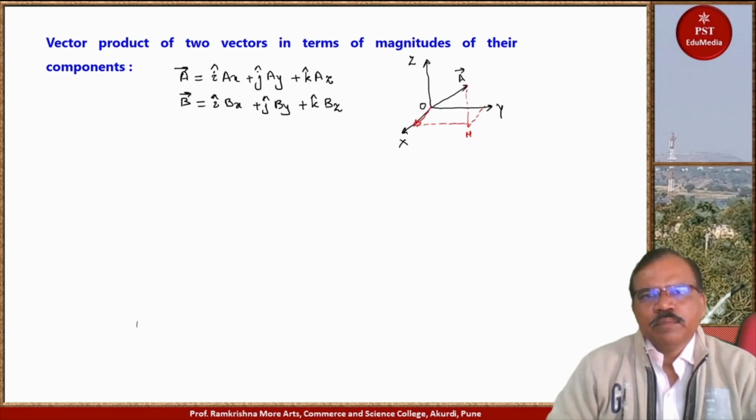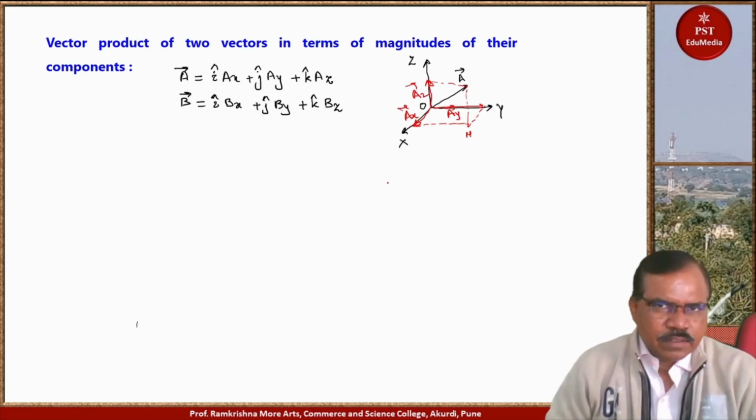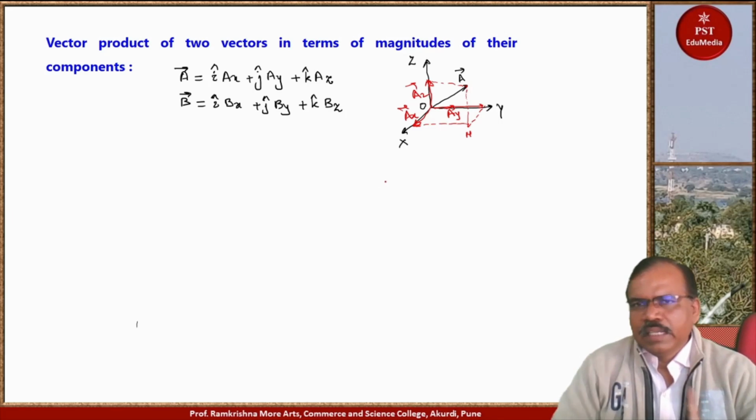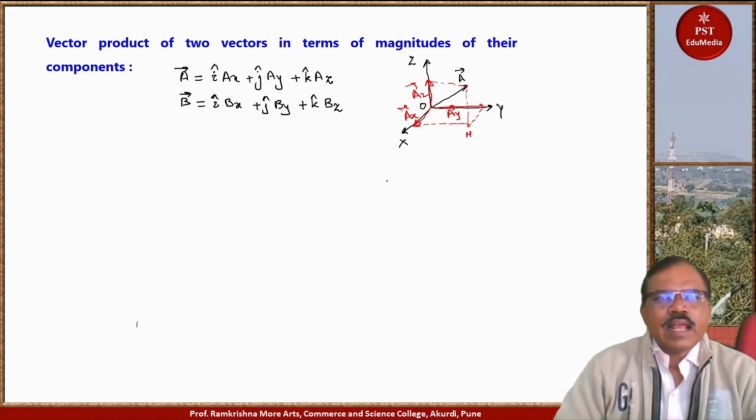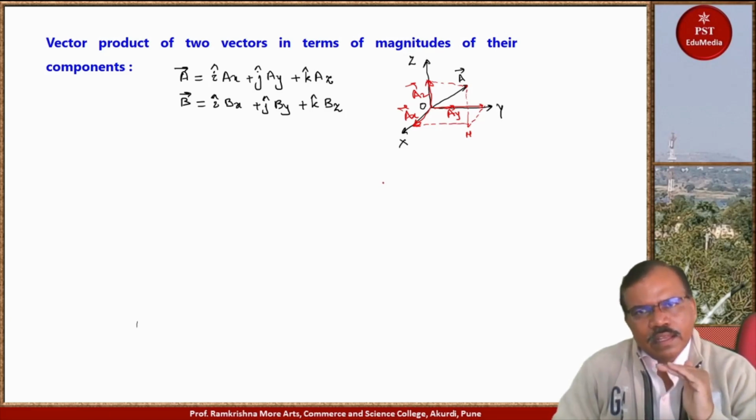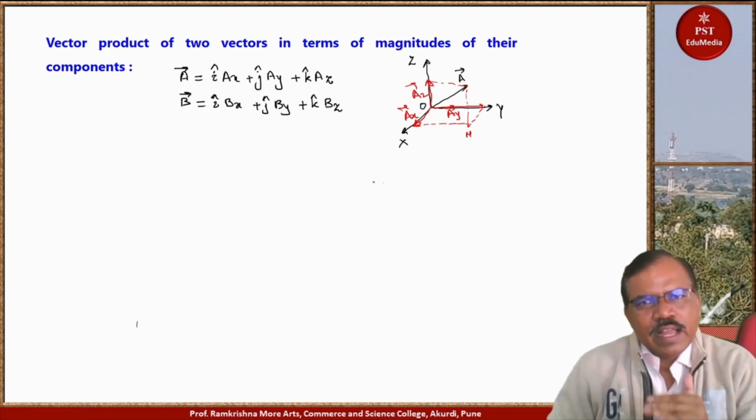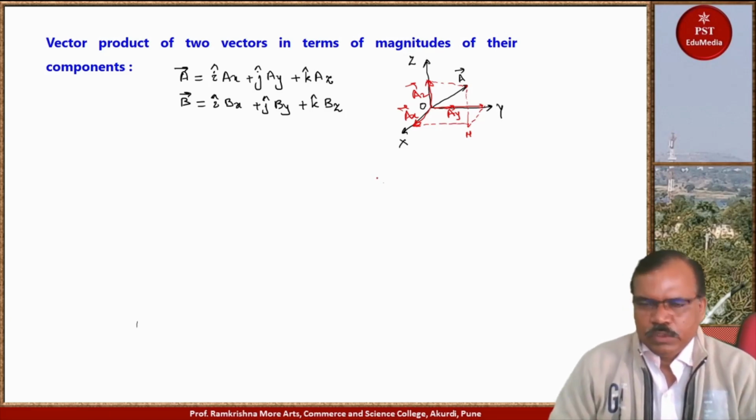So this one represents AX, this one represents AY, and a perpendicular on this axis represents AZ. Similarly for vector B. And I, j, k are unit vectors along the x, y and z axes respectively.